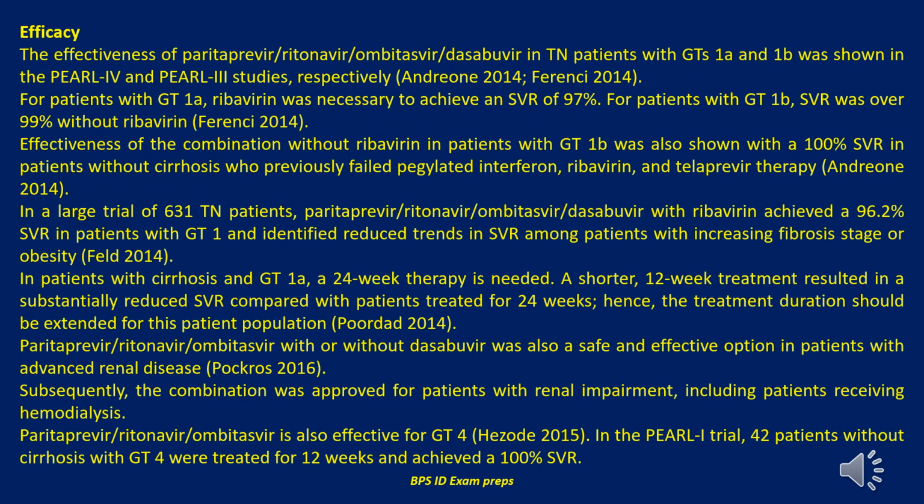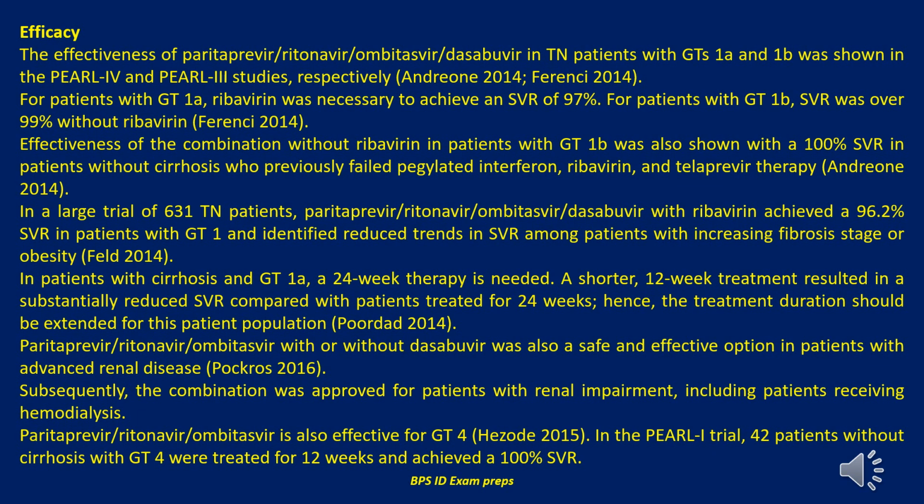The effectiveness of paritaprevir plus ritonavir plus ombitasvir plus dasabuvir in treatment-naive patients with genotypes 1A and 1B was shown in the PEARL-4 and PEARL-3 studies, respectively, according to Andreone 2014, and Ferenci 2014. For patients with genotype 1A, ribavirin was necessary to achieve an SVR of 97%.